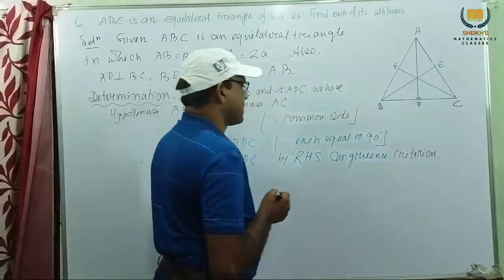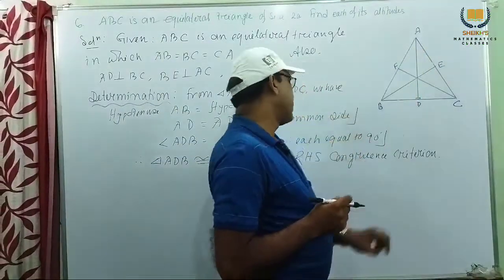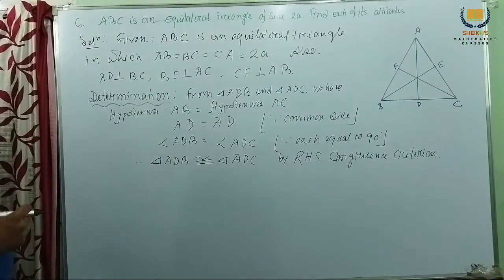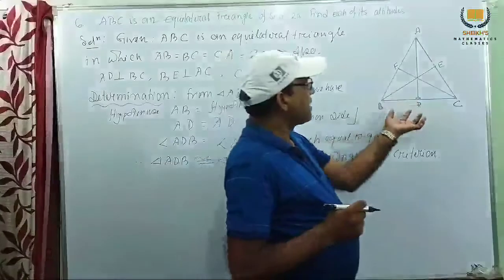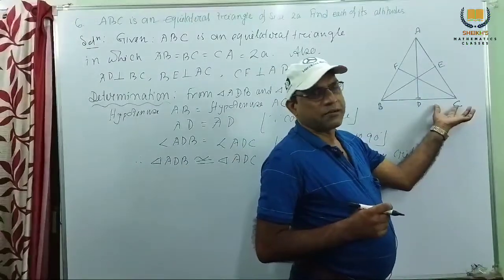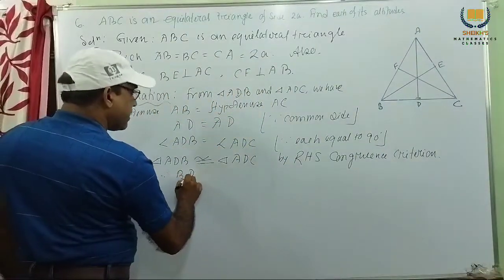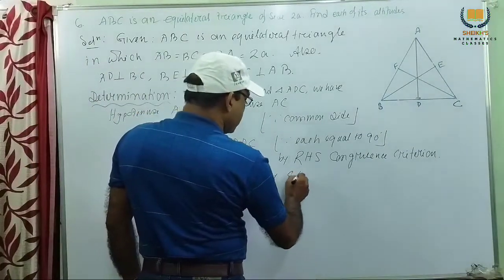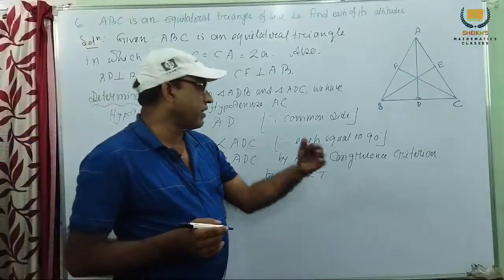R is right angle, this is the right angle, this is the hypotenuse and one side, that is the RHS congruence criterion. If these two triangles are congruent, then this side equal to this side. So therefore we can write BD equal to CD by CPCT, corresponding parts of congruent triangles.